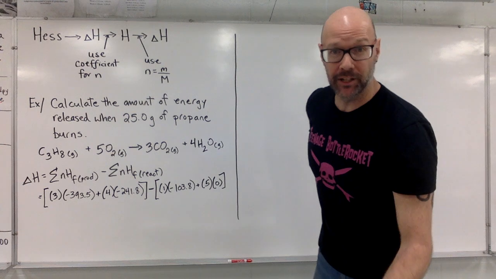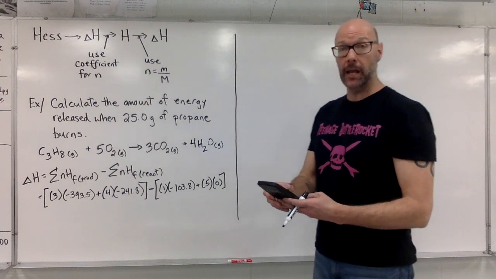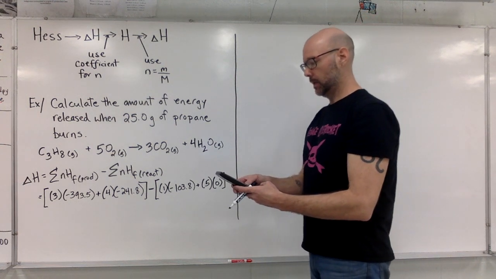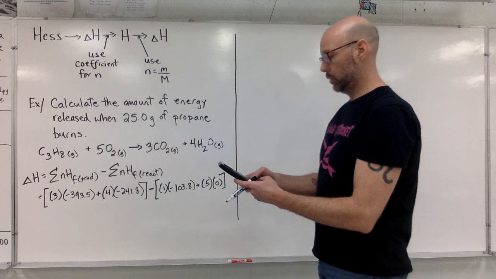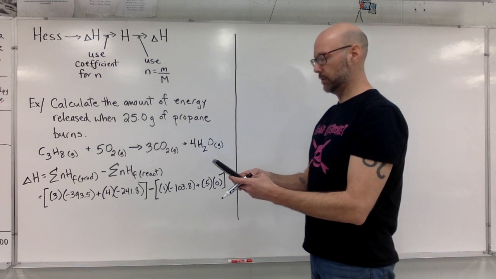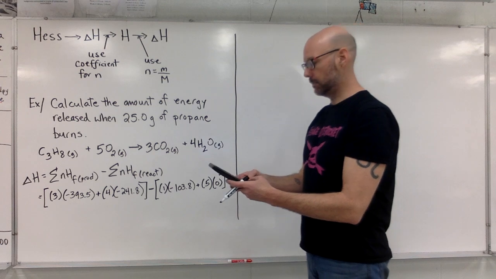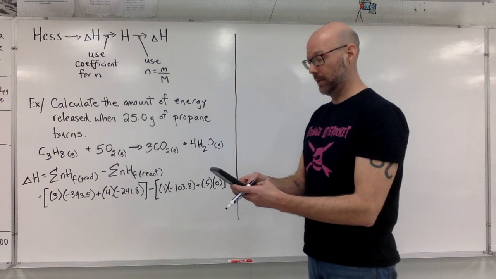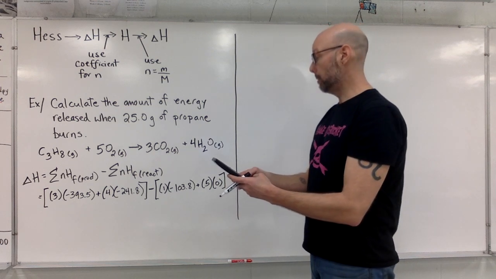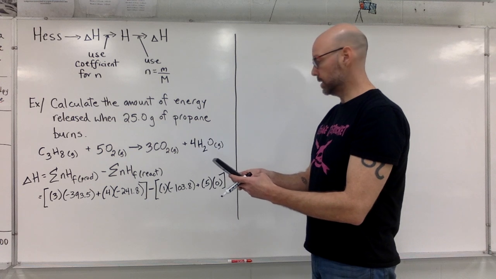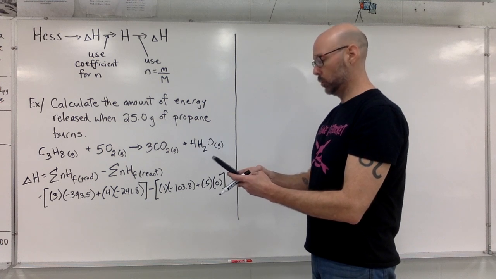We have a pretty big calculation to do. Okay, let's type it. 3 times negative 393.5 plus 4 times negative 241.8 minus 1 times negative 103.8.